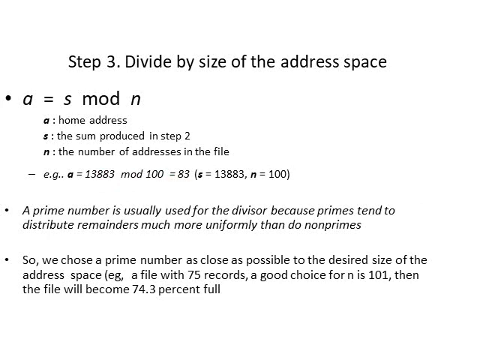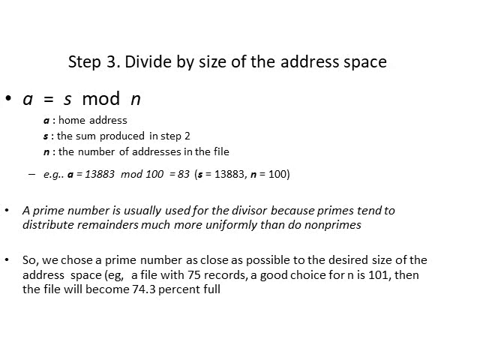One thing we need to consider is, if you mod any number using a prime number, that will make the distribution more random. A prime number is usually used for the divisor because primes tend to distribute remainders much more uniformly than non-primes, right?